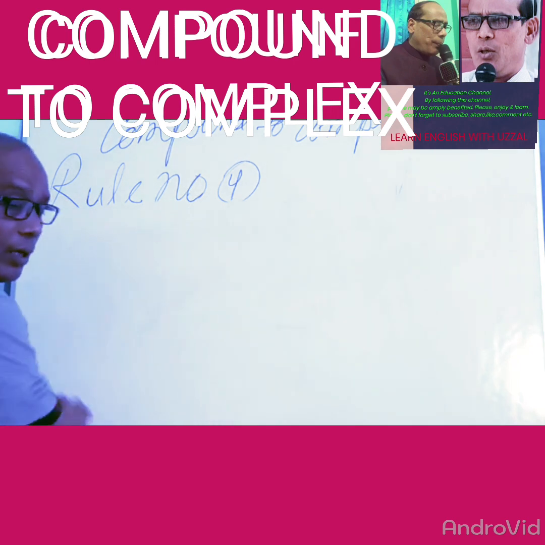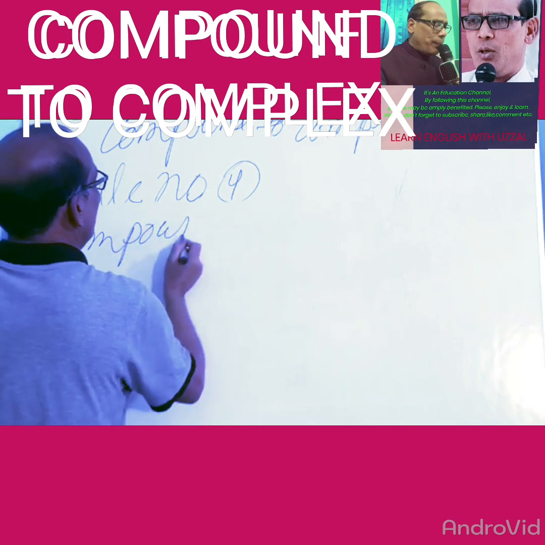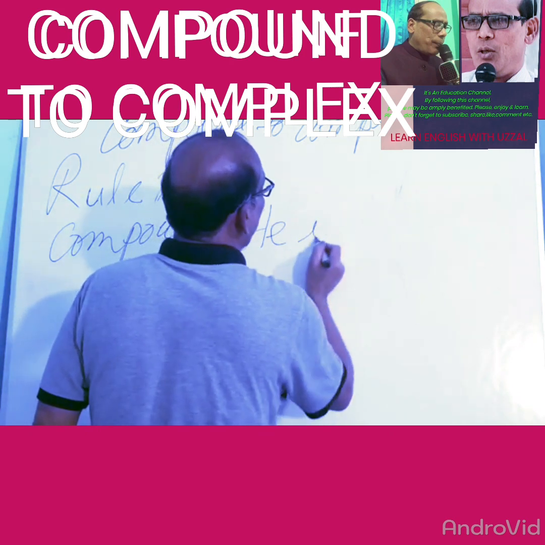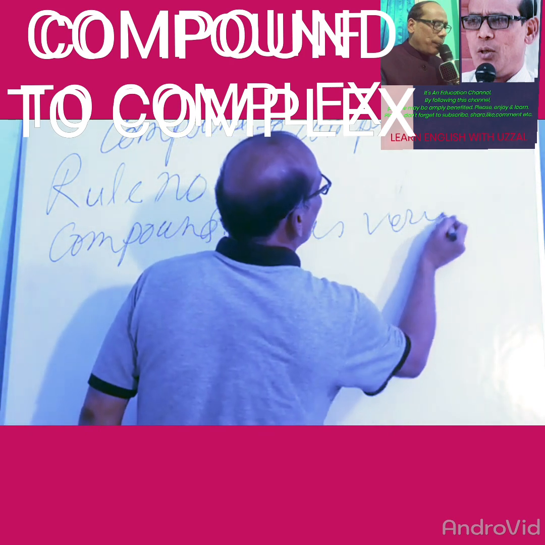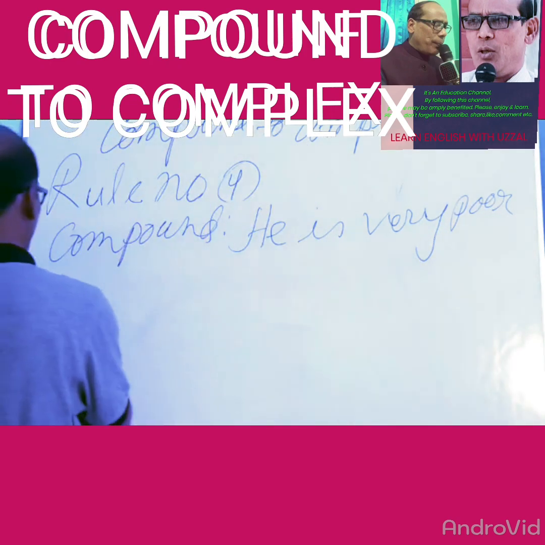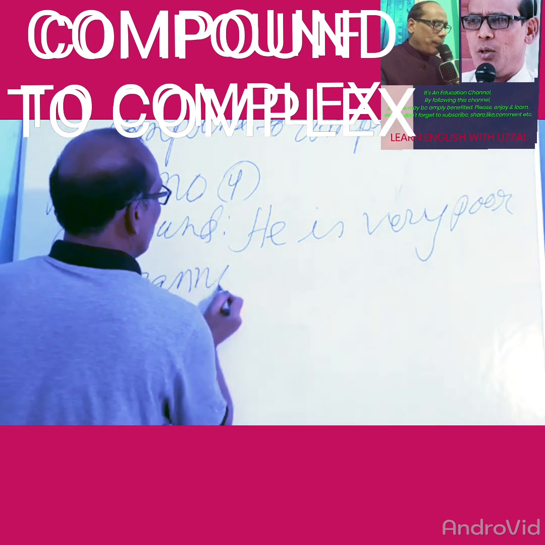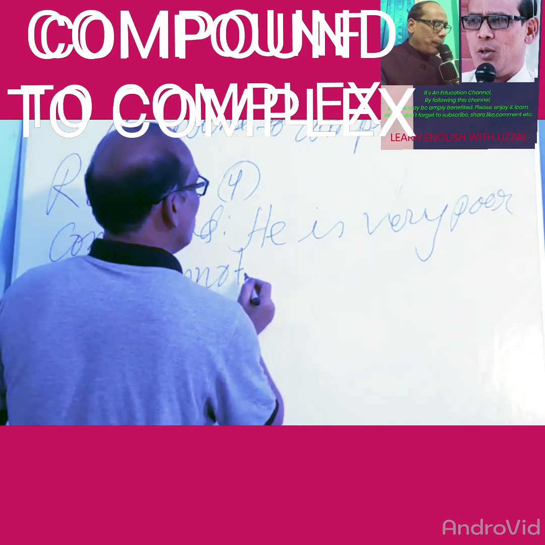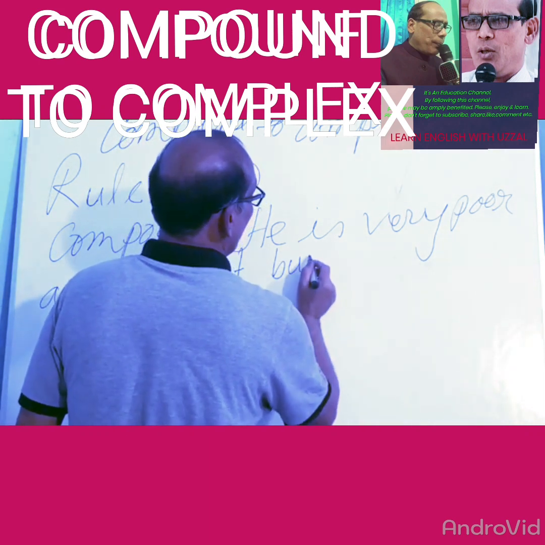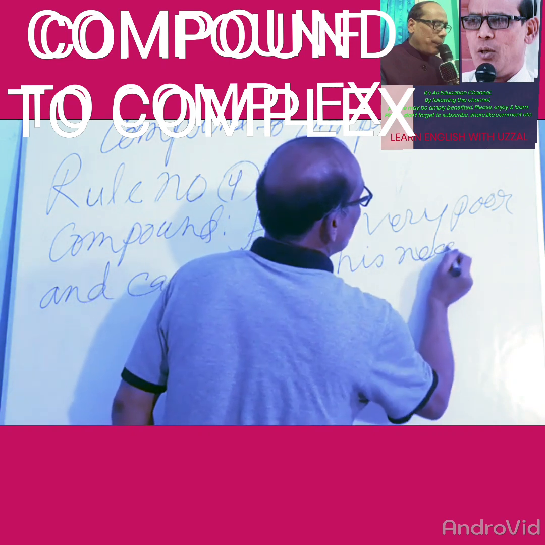Let me give you an example. Compound. He is very poor and cannot buy his necessaries.